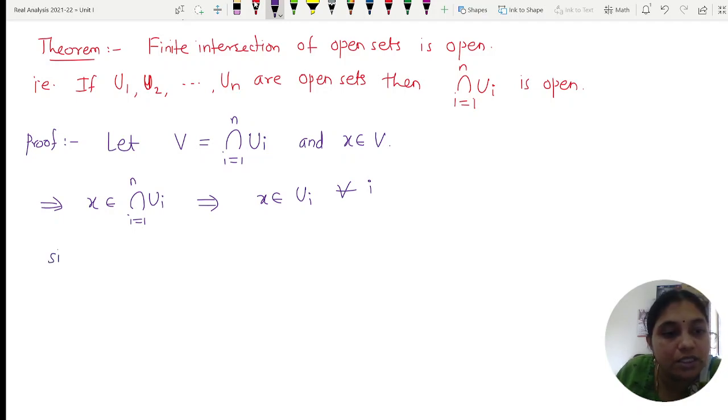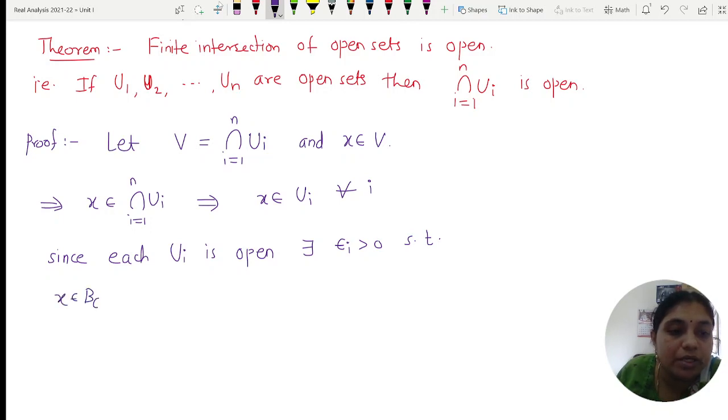And now, since each Ui is open, there exists epsilon i greater than 0 such that x belongs to B epsilon i of x, which is totally contained in Ui.